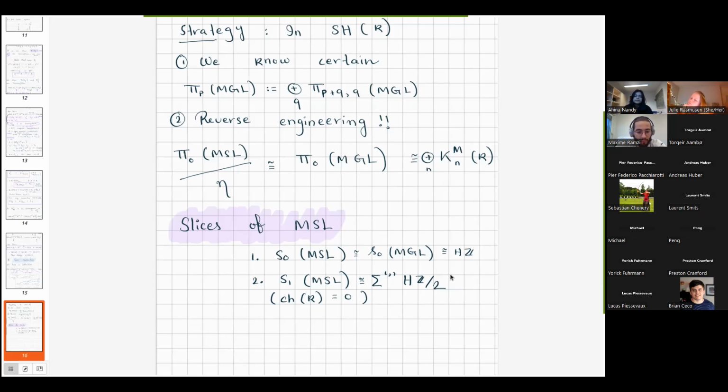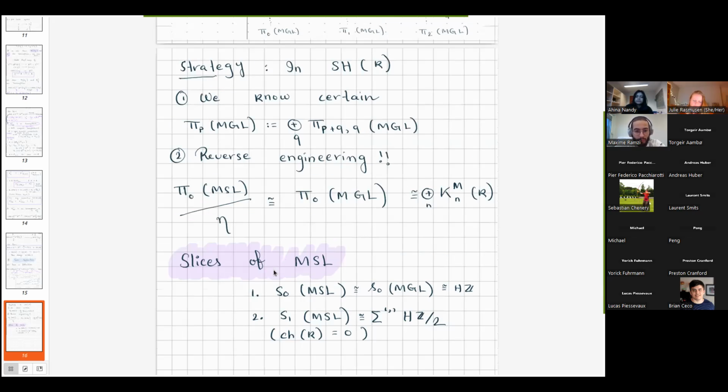So it does make sense that we want to compute the slices of MSL. These slices, S_0 and S_1, I have written down, but you can actually have S_q, where q can be any integer. These are triangulated functors.